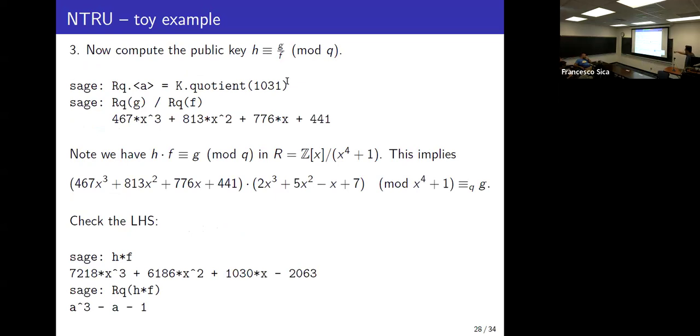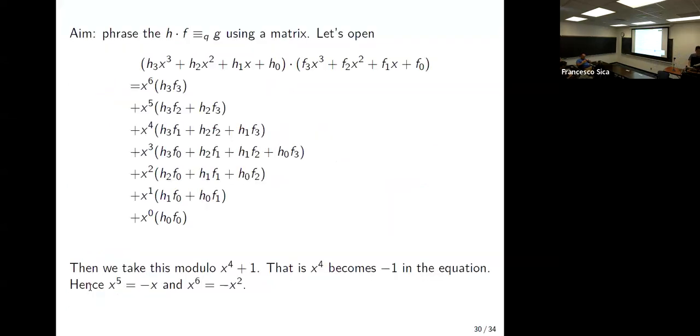You can double check this by moving f: this is my h times the secret f, and it equals g. Actually check that, which is the step given here. So in matrix form, I can rewrite this. I'm just doing it the very slow way by opening this symbolically. But if you have done algebra, you know that this exactly corresponds to the multiplication matrix of an element of the field.